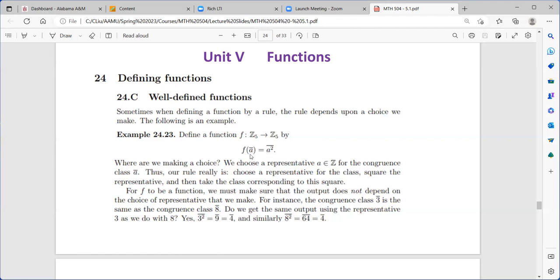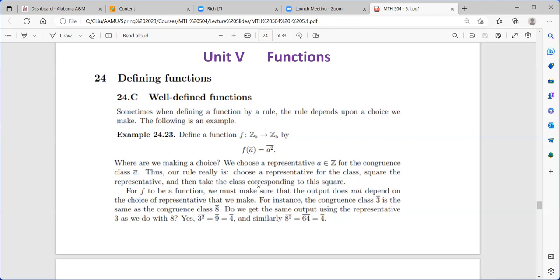So we need to verify this function is well defined, basically. So where are we making a choice? We choose a representative a in Z for the congruence class a bar. You choose, for example, two different integers in this same class and see if we end up with the same class in the function value.